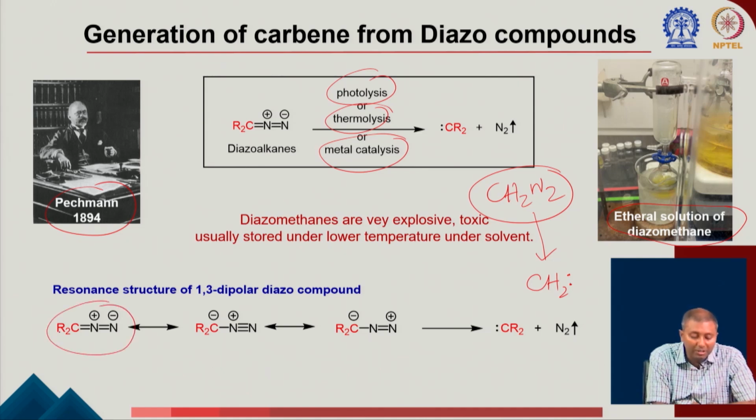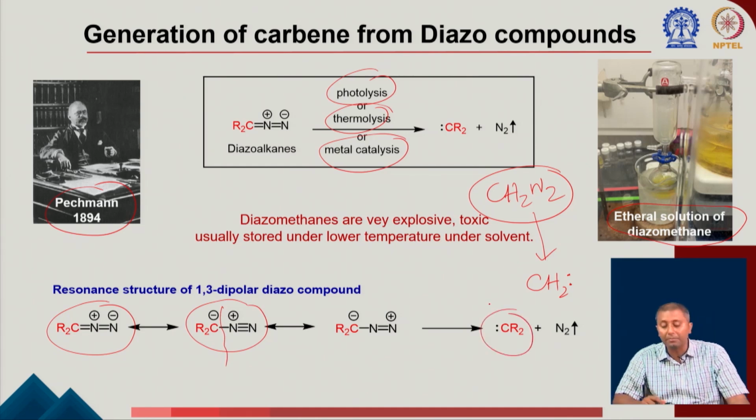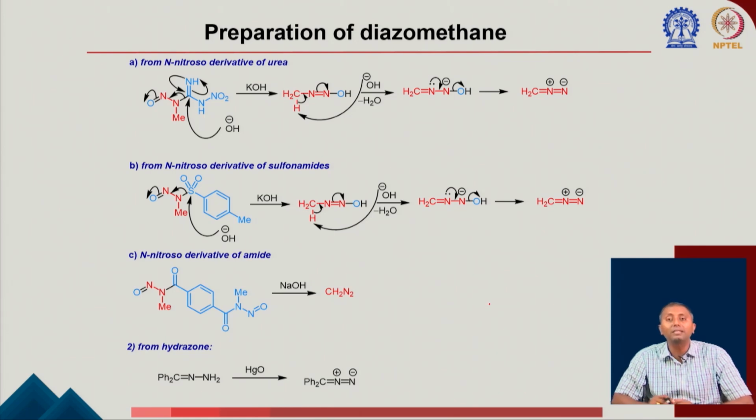If you have CH2 in place of R, then that is diazomethane, it can form this N2 plus and then minus, and finally it can cleave this bond under photolysis or thermolysis to generate the corresponding carbene.